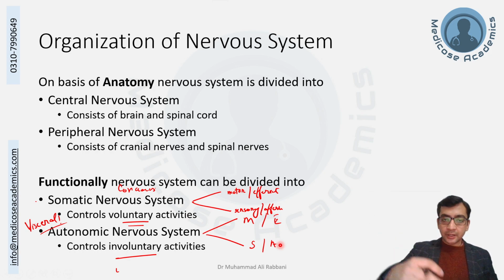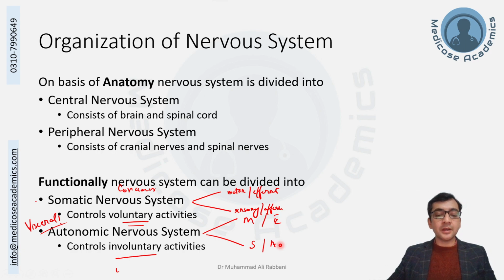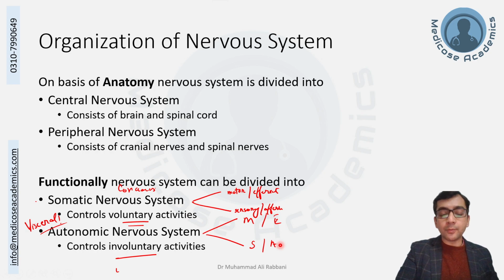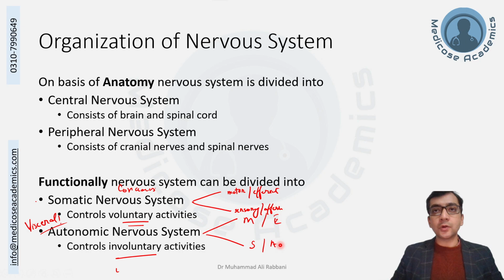Similarly, when the food reaches from the stomach to the small intestine and the signal goes to the pancreas to release its secretions, we don't perceive the movement of food from one component of the intestinal system to the next one. So these are the autonomic sensations, and the examples are numerous.